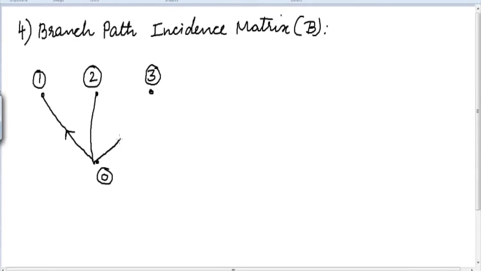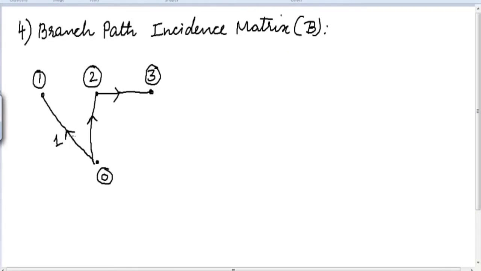So please draw the graph somewhat large so that you can make the cut sets visible and write them properly in your copy.